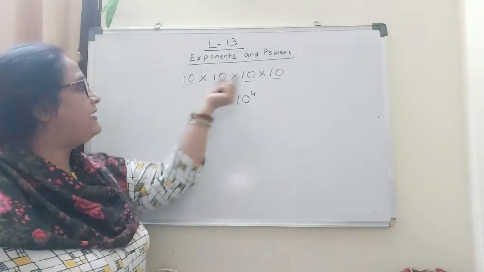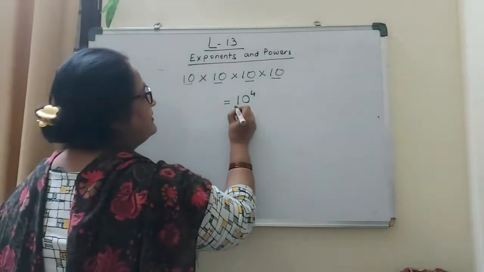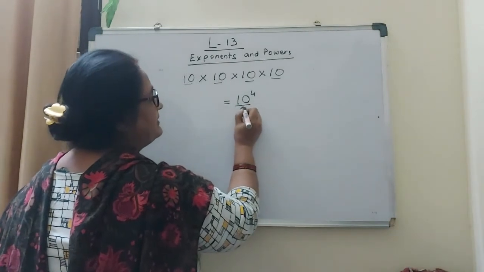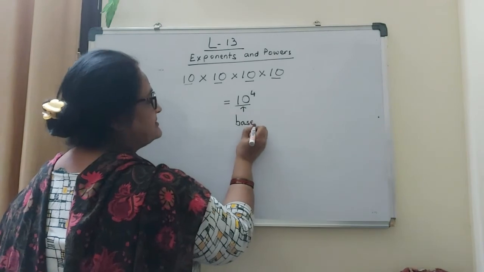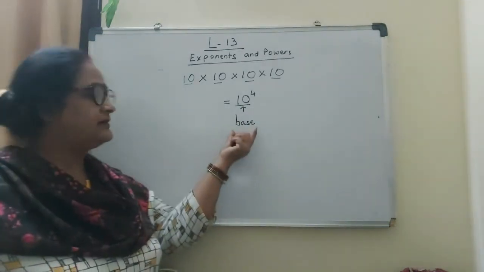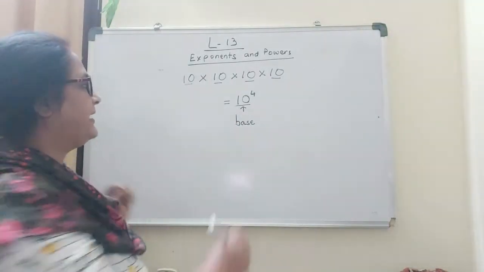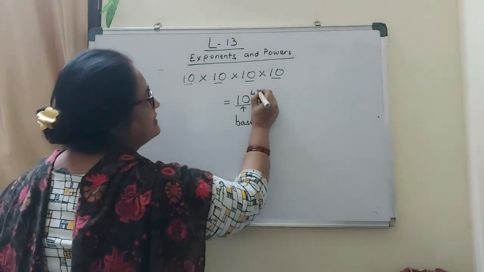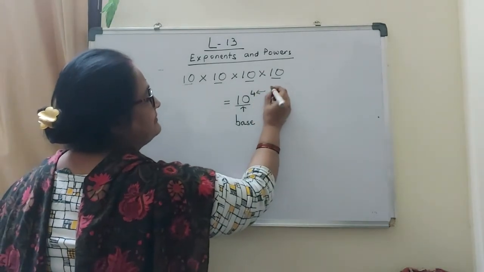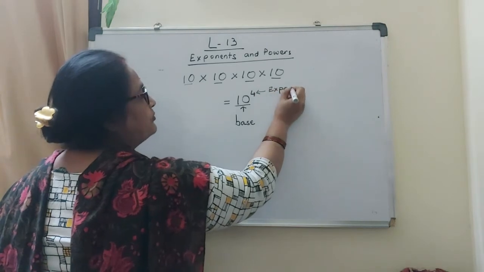Okay, 10 is multiplied 4 times, which means the number being multiplied is known as the base. We call it a base. And how many times it is multiplied? I count this 10. 4 times it is multiplied. This is known as the exponent.